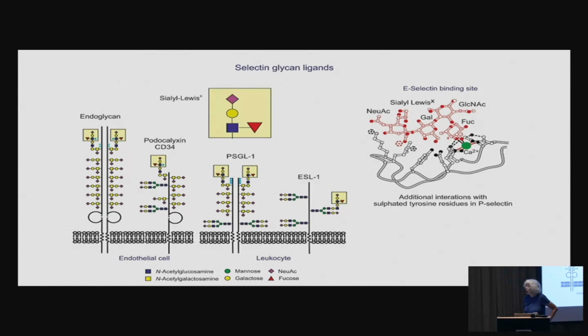They bind particularly to this Lewis X epitope, which has a sialic acid here and a fucose, and these Lewis X motifs are found on a lot of different glycoproteins, but there are particular glycoprotein ligands which are recognized by the selectins. So P-selectin glycoprotein ligand 1 for P-selectin and E-selectin ligand 1 for E-selectin.